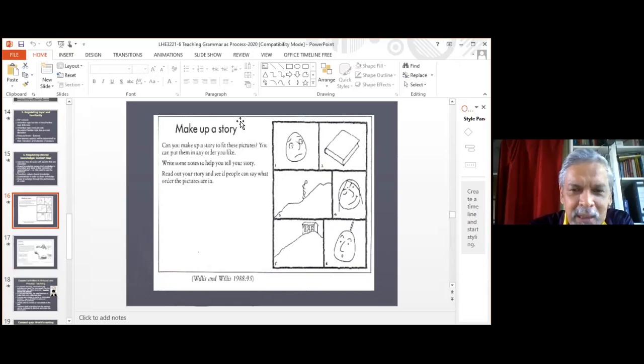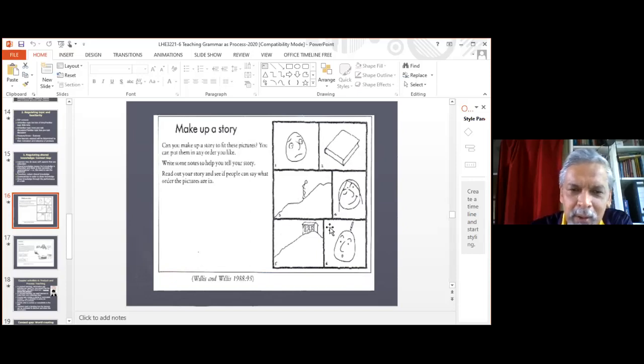This is a good example of a context gap activity because there are many different options for a student to tell his story. He can start with number 1, number 6, number 4, or even number 3 or number 2. The listeners, the other students, won't know, so there is a context gap. Although they share the pictures, the story itself they won't know.